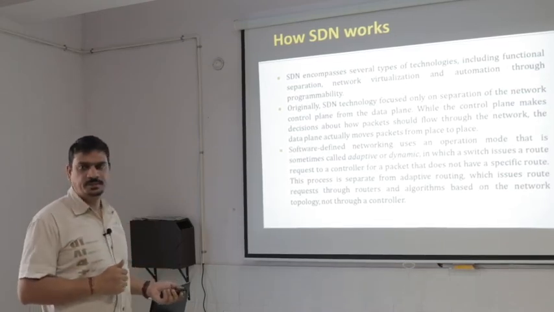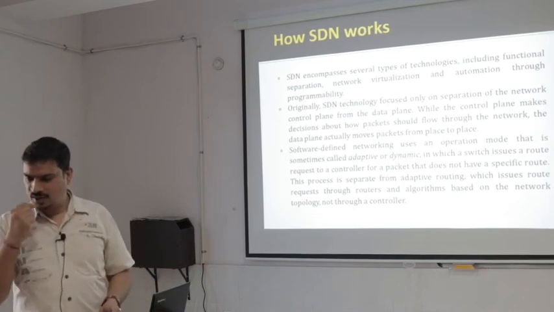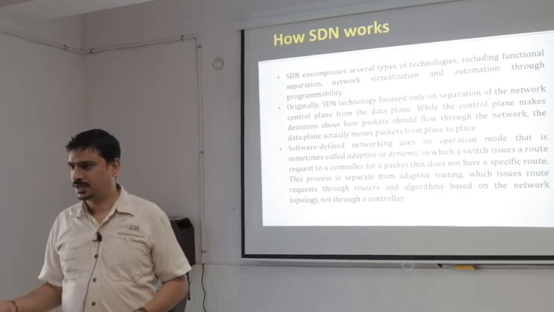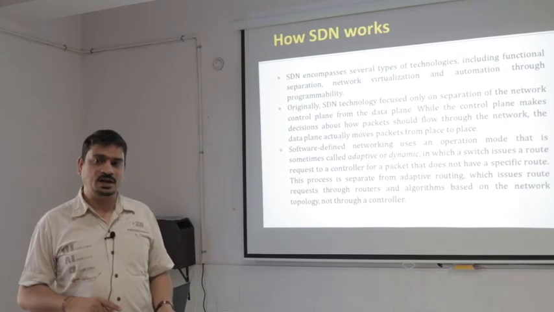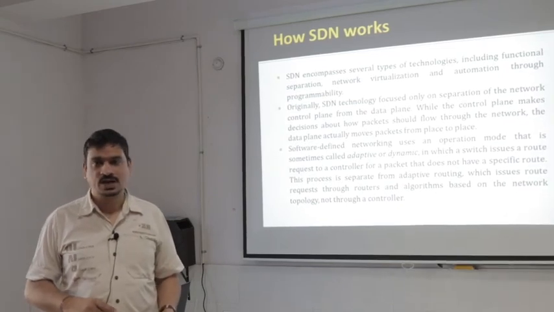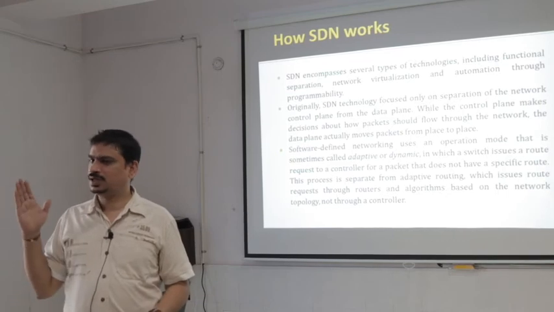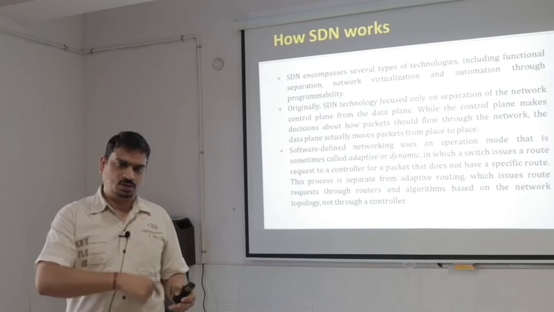Adaptive means, so there are two types of routing algorithm. One is called proactive, another is called reactive, right? So the reactive type of algorithm will be done in SDN. Reactive means depending upon the traffic, depending upon the data flow, they will take the decisions to route the data.